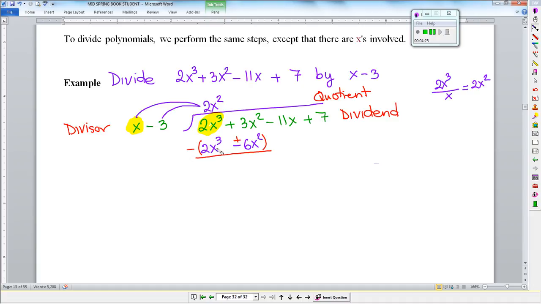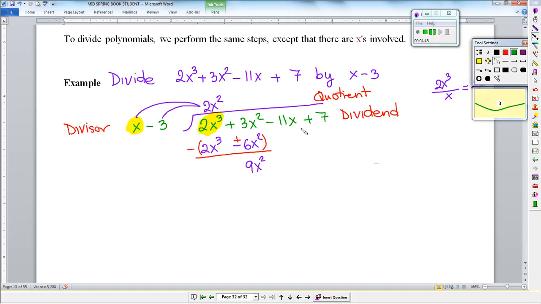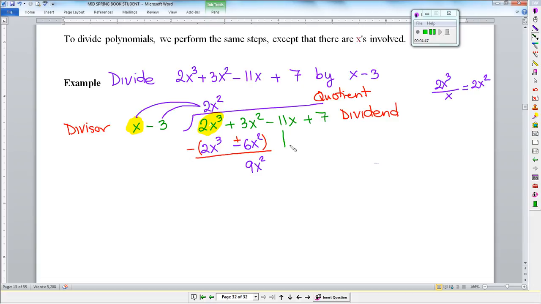So the 2x to the power 3 is gone. Now you have 3x squared plus 6x squared. These are like terms because they have the same variable and the same exponent, so that gives us 9x squared. Now you drop the next term down, which gives us negative 11x.